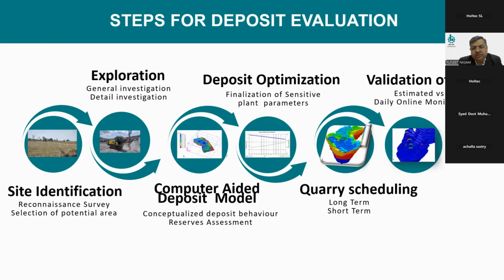After optimization, we plan a schedule for the long term, for the short term, and for daily also. For the long term, generally we refer to 1 year, 5 years, like that. Short term, we refer to 6 monthly, like that.